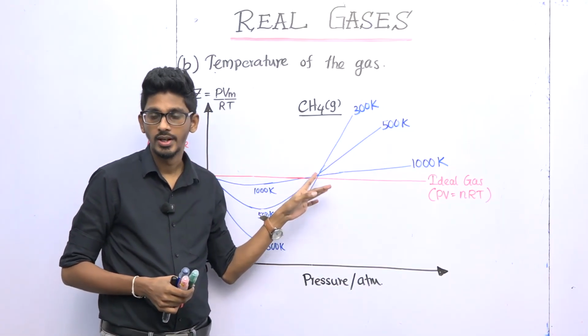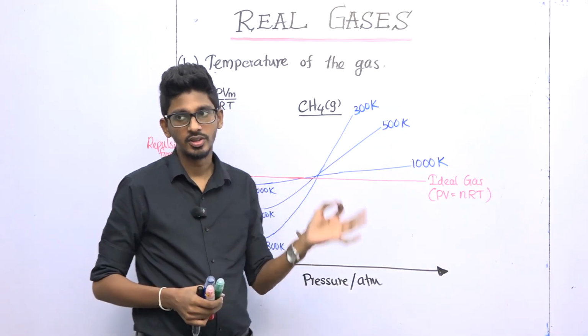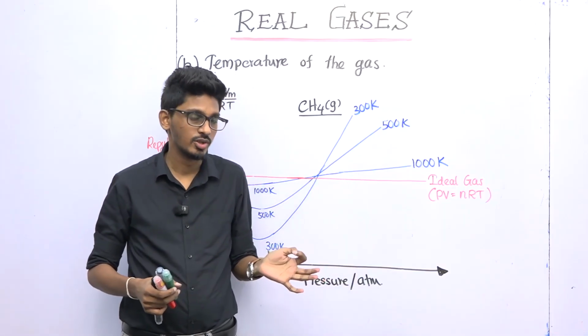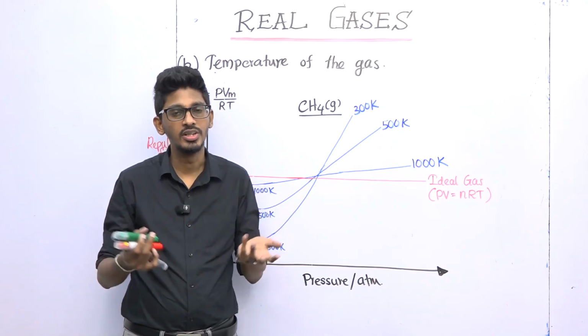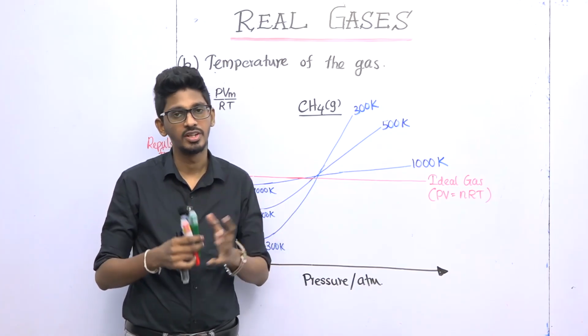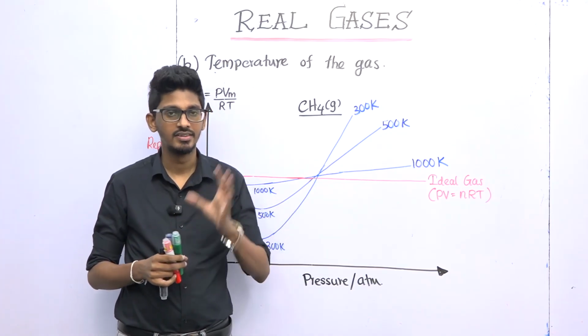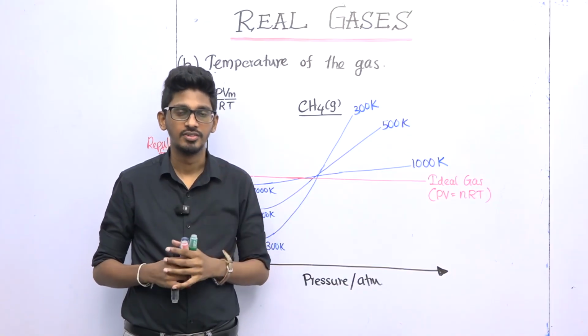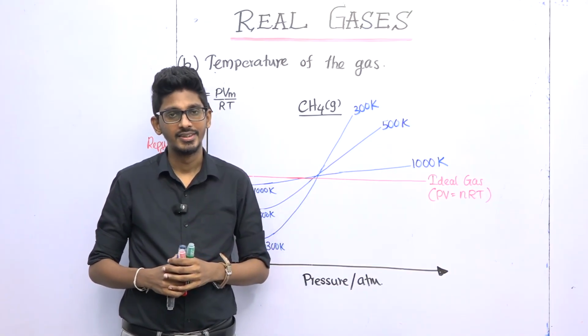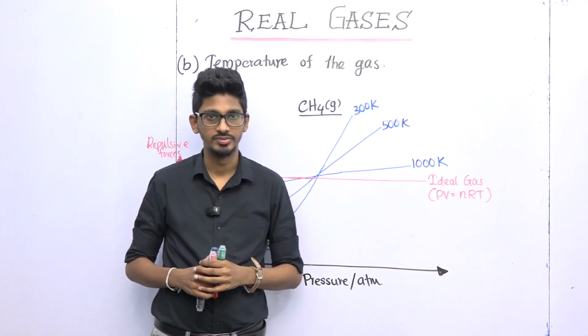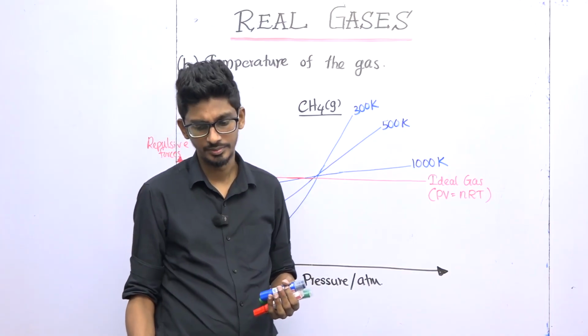But on all the other occasions, PV is not going to be equal to nRT for real gases. So we have to come up with another new equation which could be applied to real gases. That is referred to as the Van der Waals equation. Let's start the discussion about the Van der Waals equation.